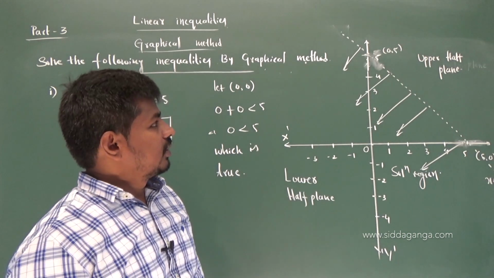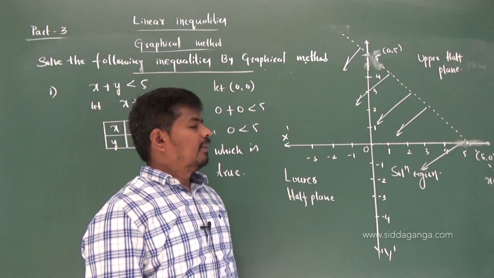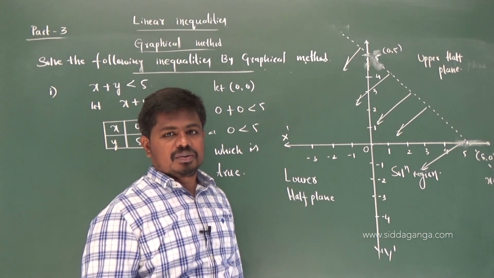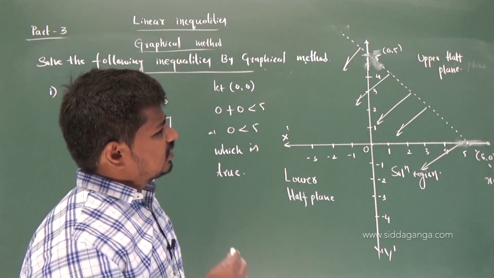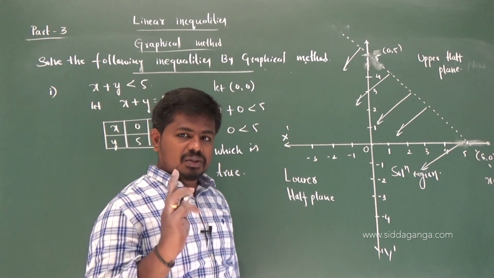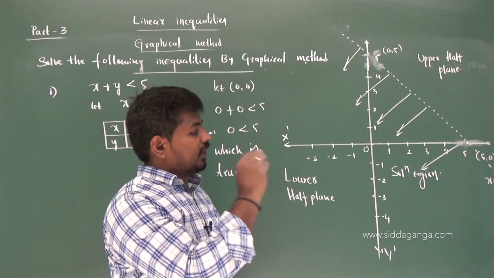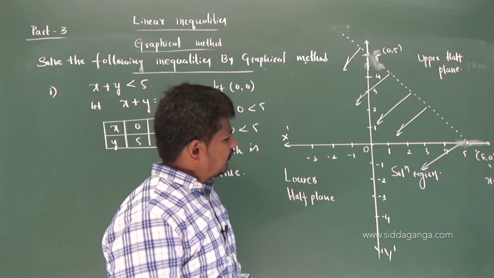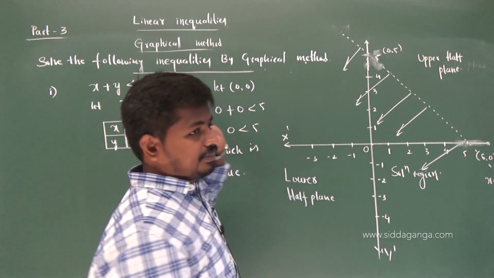You write: the lower half plane is the solution region, and the points on the line do not belong to the solution region. Also remember that points on the line x plus y equal to 5 do not belong to the solution region. It's very important. Now we can take any point from the lower half plane, the solution region, and check this. It will be satisfied.